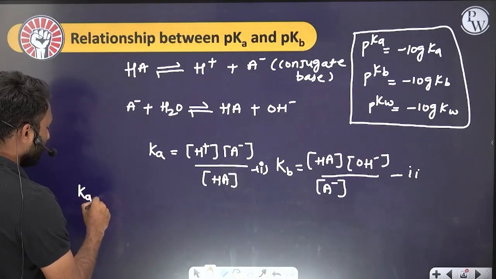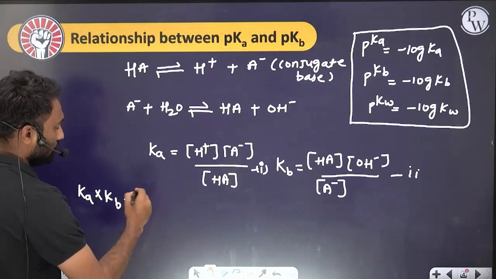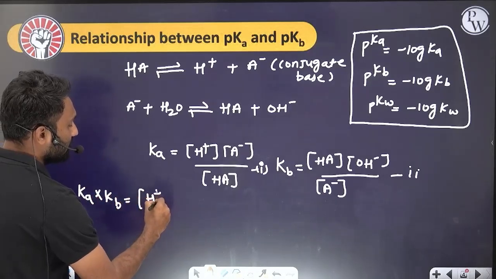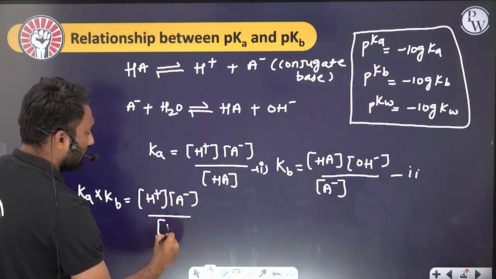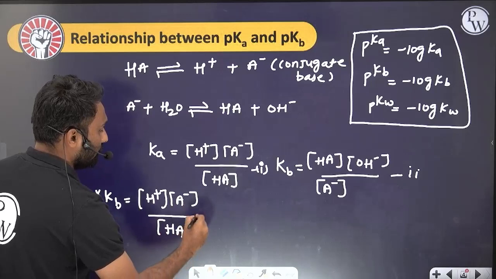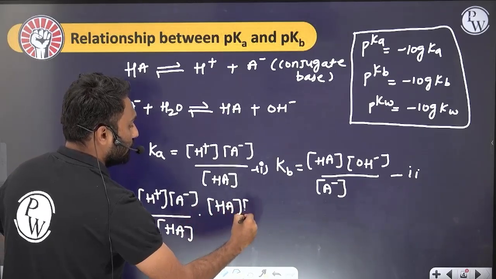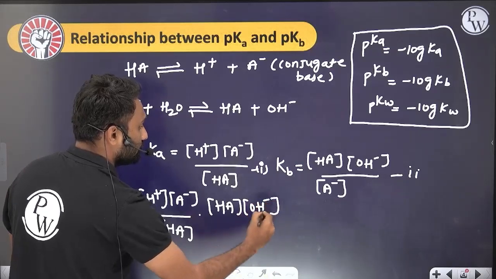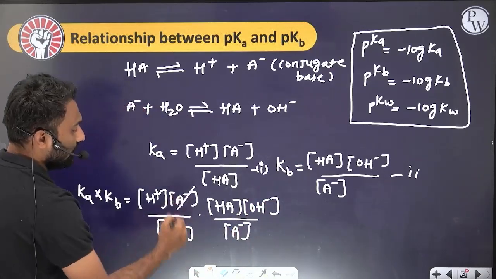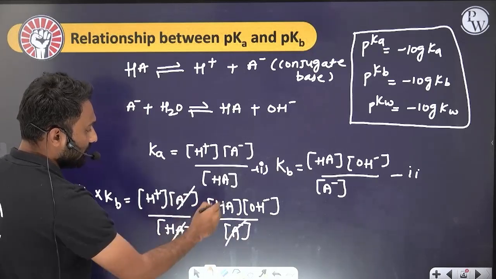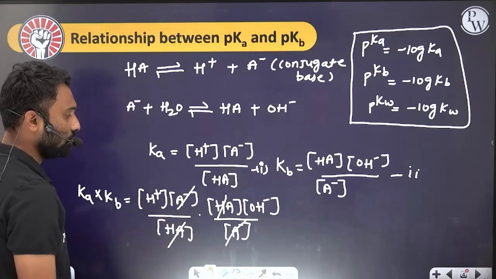Ka into Kb is equal to concentration of H plus into A minus by HA, into concentration of HA into OH minus by A minus. Now here A minus gets cancelled, HA gets cancelled, and the leftover will be the concentration of H plus and the concentration of OH minus.